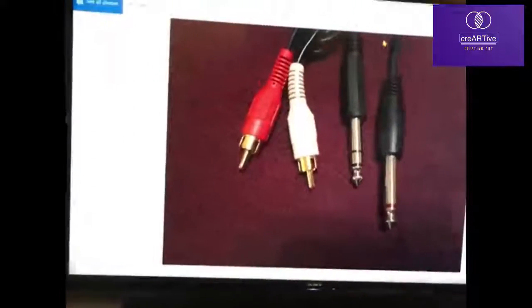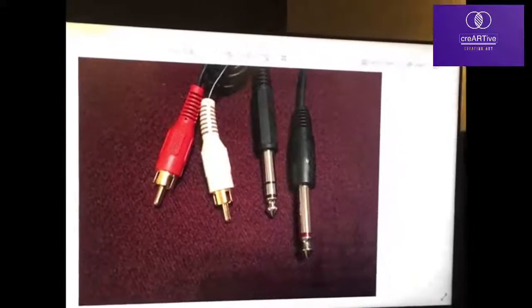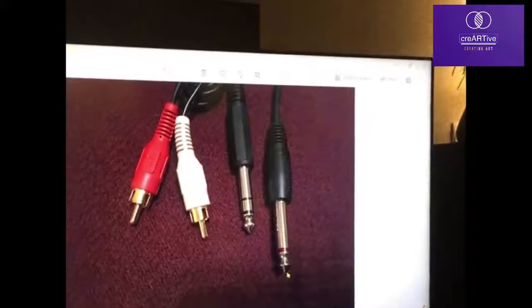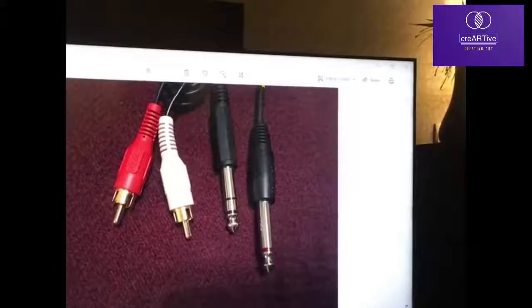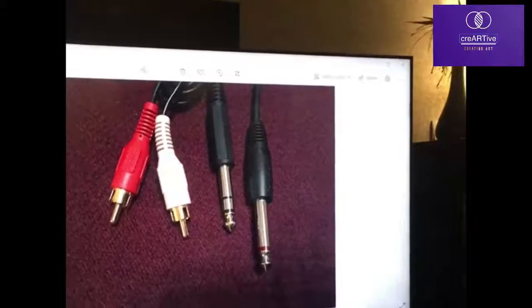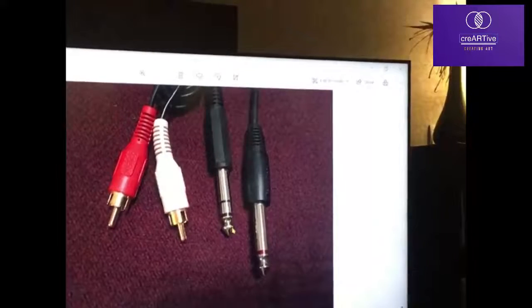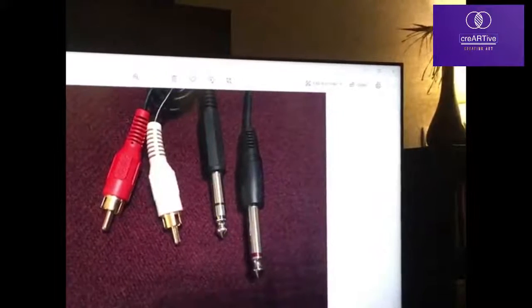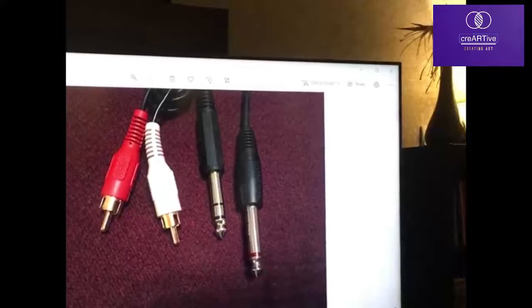That's the only difference from mono. Mono receives only one signal and sends only one signal, but this kind of jack carries two signals for balanced. That's why they call it balanced.